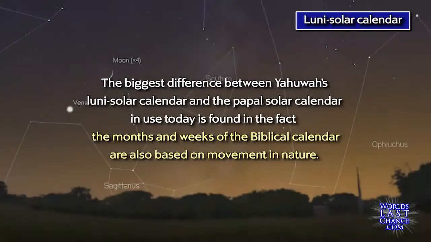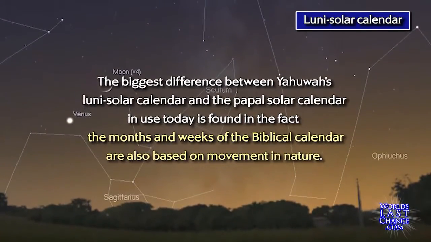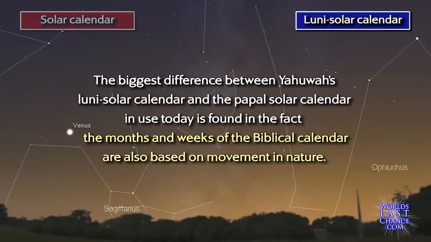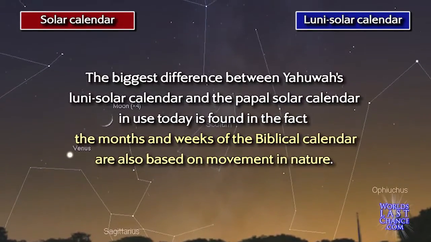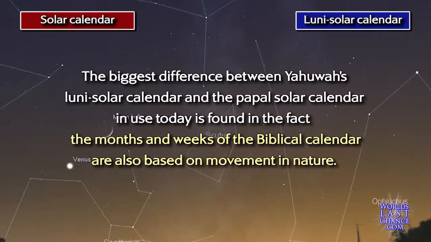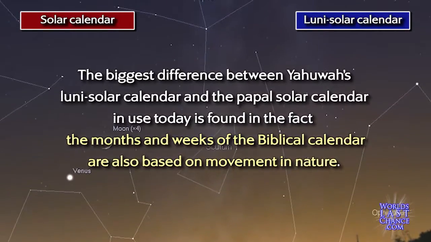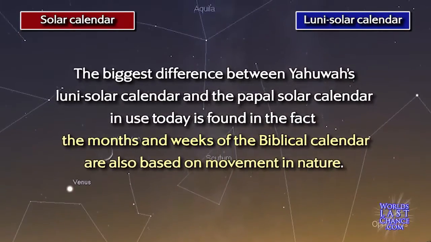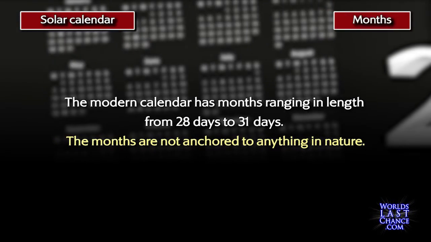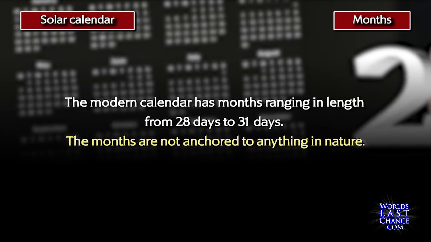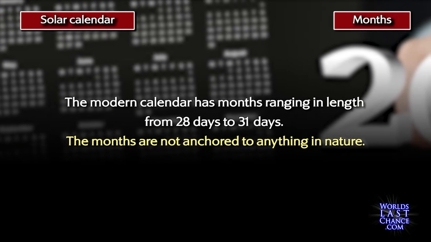The biggest difference between Yahweh's luni-solar calendar and the papal solar calendar in use today is found in the fact the months and weeks of the biblical calendar are also based on movement in nature. The modern calendar has months ranging in length from 28 days to 31 days.